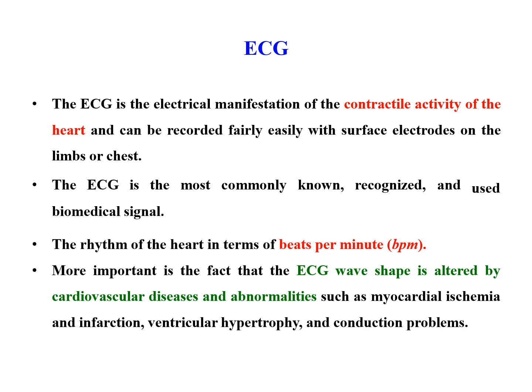The rhythm of the heart is measured in terms of beats per minute, BPM. The normal heart rate is 72 beats per minute for a human being.